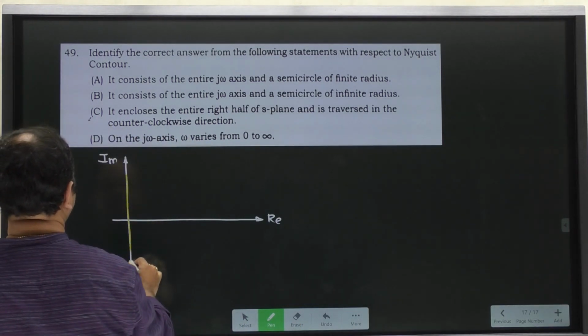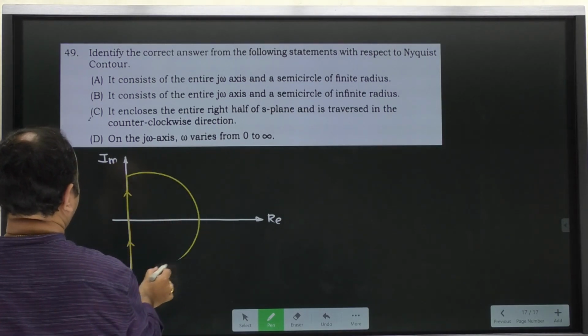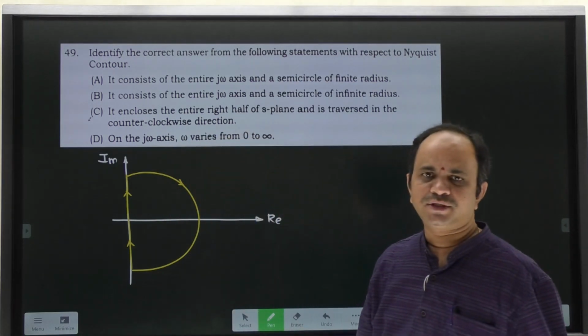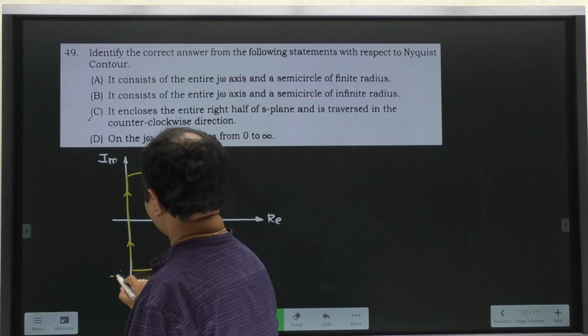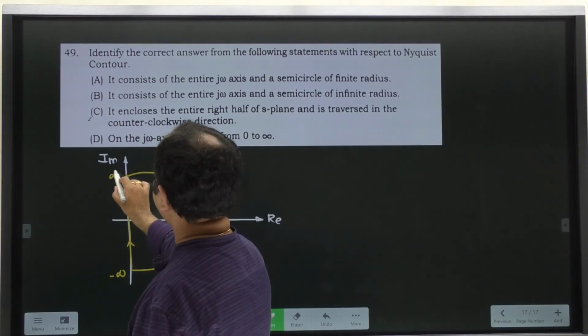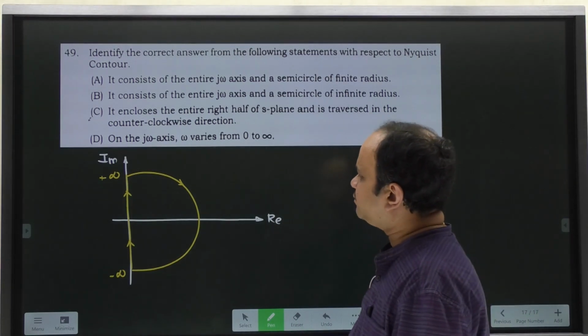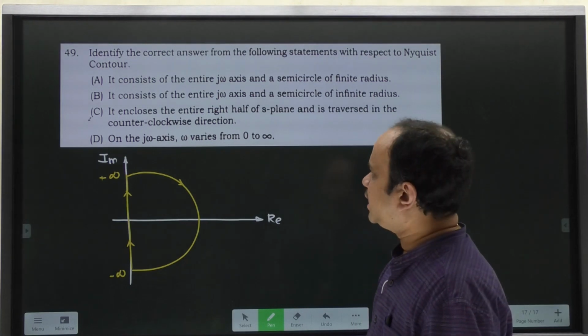It will be along the y axis and a semicircle with an infinite radius. Along the imaginary axis the frequency is varying from minus infinity to plus infinity. So the yellow colored part will be the Nyquist contour.